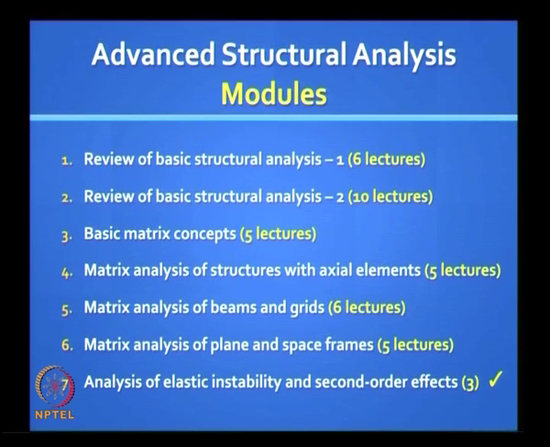Then in the second module we spent a lot of time on indeterminate structures. We first looked at statically indeterminate structures, including complex problems with elastic supports and grids and so on. Then we did displacement methods, which I believe is a topic not very well learnt in many universities.